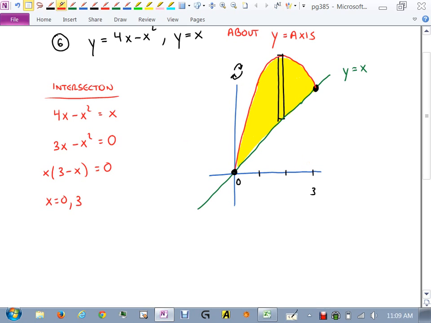So the radius is the distance from the axis of rotation to the rectangle, which happens to be exactly the same as x, because x is always the distance from, in this case, the y-axis to the rectangle. So the x and the radius coincide in this point. There's no adjustment that needs to be made because the axis of rotation is the y-axis. So I guess you could say if the axis of rotation is the y-axis, your radius will always be x. You could say that.